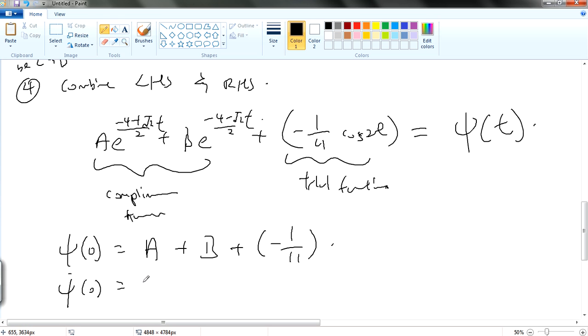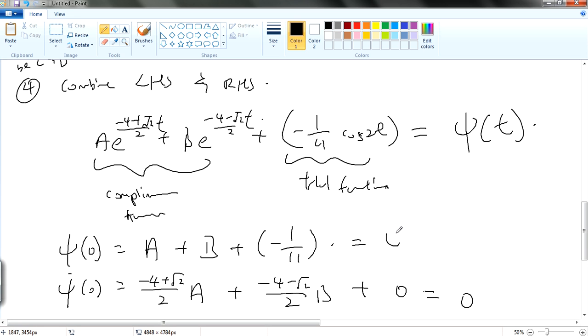You'll get some minus 4 plus square root over 2 a, when you sub in all the 0 again. Minus 4 minus square root over 2 b. And then similarly, now it's sine, so therefore it's 0, because if you differentiate cosine you get sine. So therefore this is also 0. This is equals to 0.